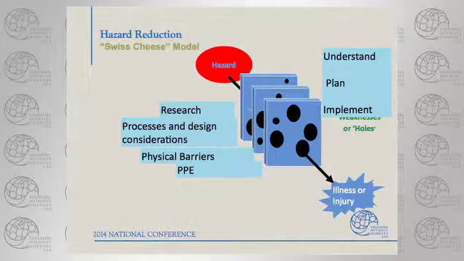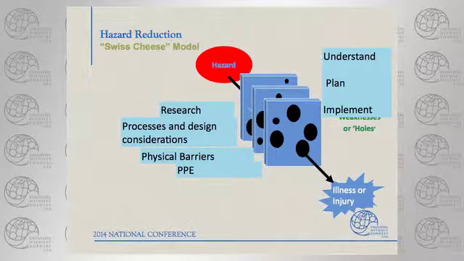We want you to research what you're doing out there, and figure out what processes and design considerations need to occur. So if you're mixing concrete for a building or for some sort of structure, do you mix it right in the middle of the town and just let dust fly all over the place, or do you mix in one area, wheel it to a downwind area, and then wheel the mixed concrete up to where you need to go, so that you're preventing dust hazards from impacting your community?